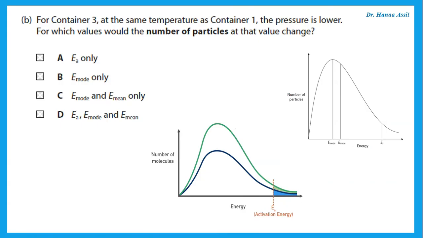So if there is a certain volume we're talking about, the number of particles in that volume will all decrease. So the number of particles for each energy would decrease, and I would have the whole graph going down. So in that case, all the values would change because all the shape of the curve has gone down and the numbers at each energy is lower.